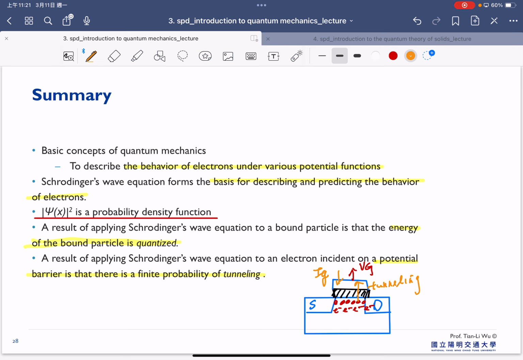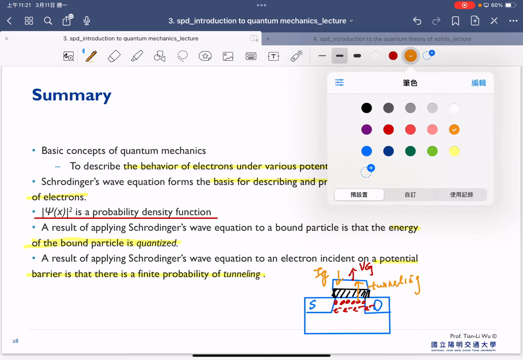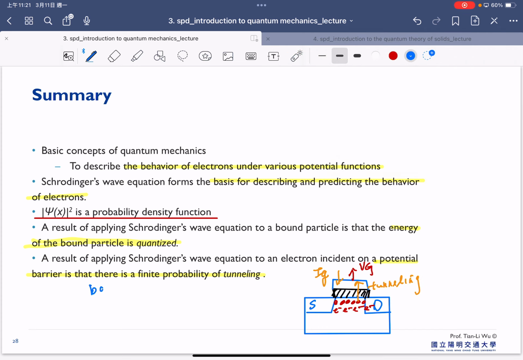But in reality, usually we won't analyze the physics like this. Actually, we prefer to use a concept that we call the Venn diagram. In the Venn diagram you have EC and EV here.